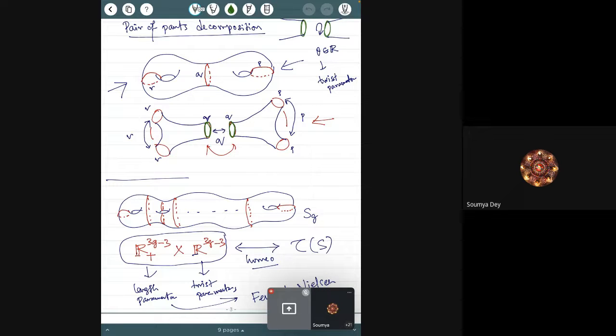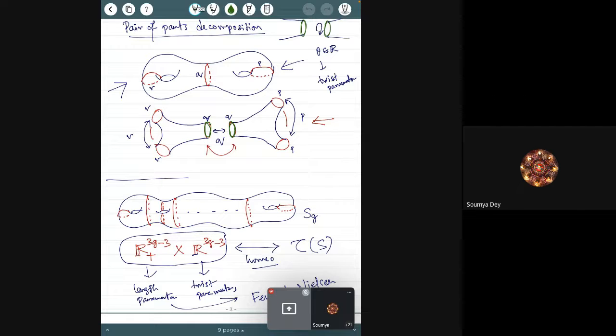In fact, if you see the definition of Teichmuller space, it gives us all hyperbolic structures. And as the Euler characteristic of the torus is not negative, there is no hyperbolic structure on your torus.